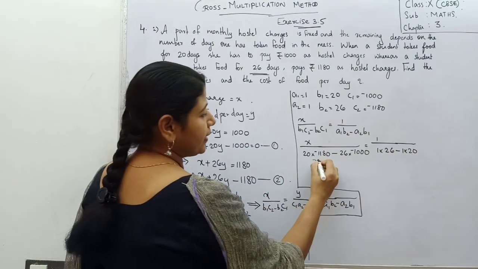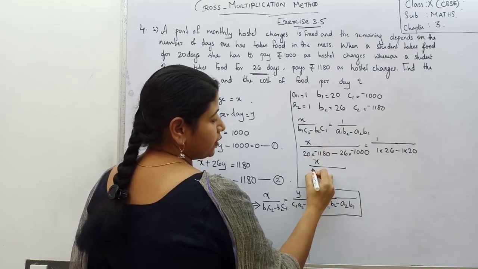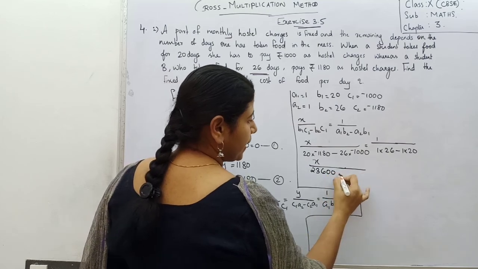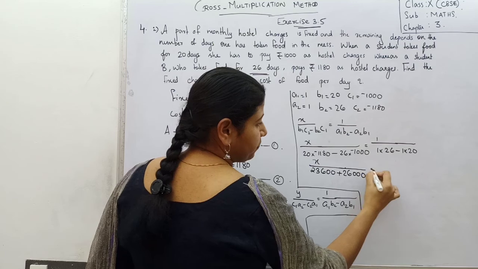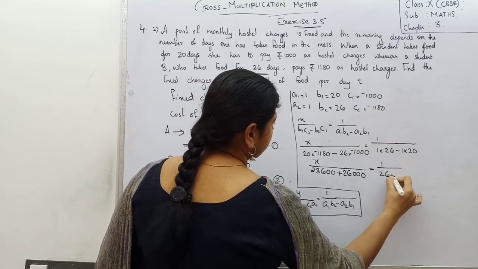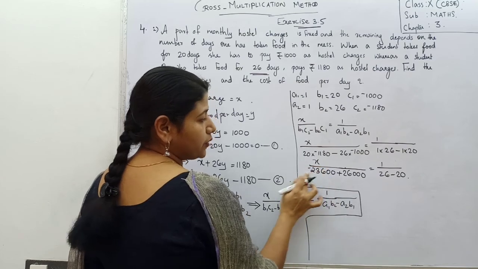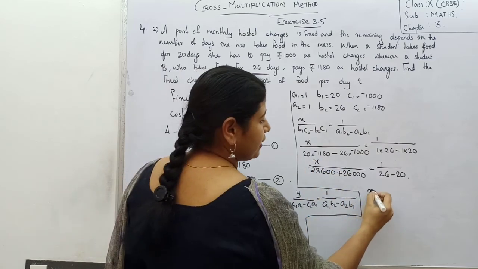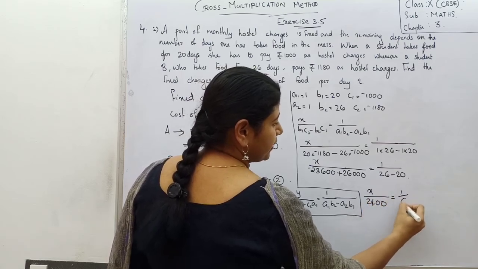So, 20 into 1,180 is 23,600 with a negative sign. Minus into minus is plus, you will get 26,000. Equal to 1 by 26 minus 20. So 26,000 minus 23,600 is 2,400, equal to 1 by 6.